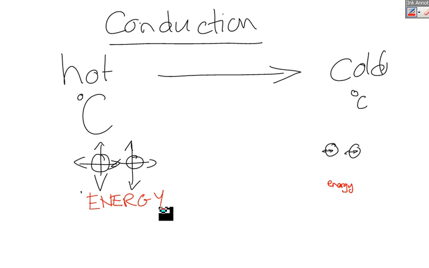So what's happening in conduction then? Well, let's have a look at these particles up at this end, the hot end of the object. These particles are moving around really quickly because they've got lots of energy. What happens when particles move really quickly? It's a bit like people in a crowd.